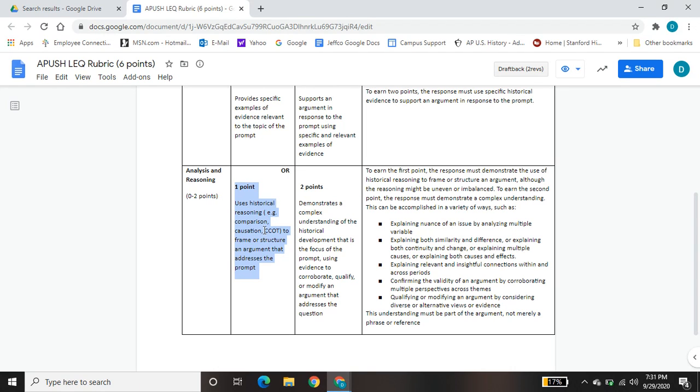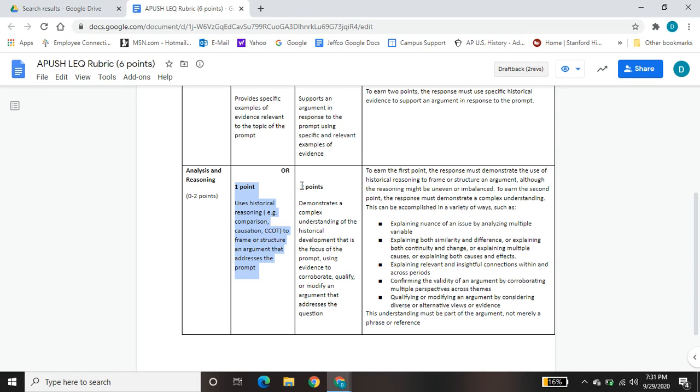If you were asked to, CCOT means continuity and change over time. If you're asked to write an essay that shows how things stayed the same, but also how things changed over a period of time, and you write that essay, you get a point. Basically, you're writing the essay that you were supposed to write.